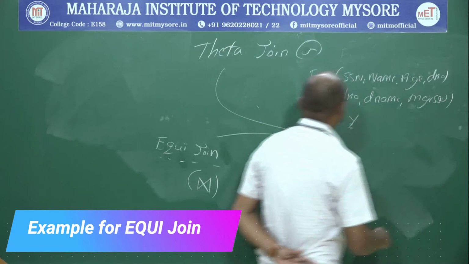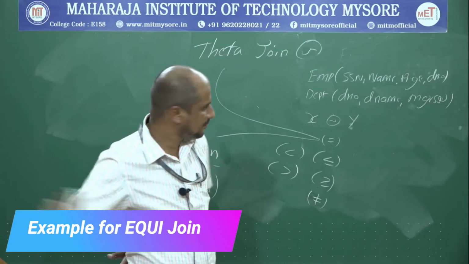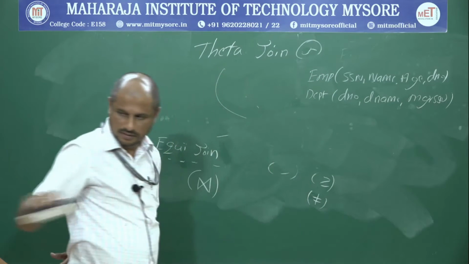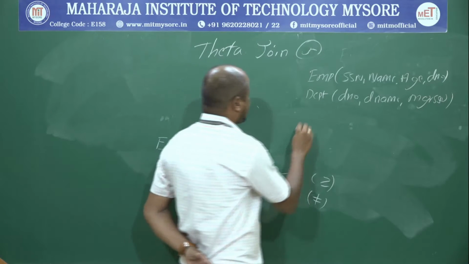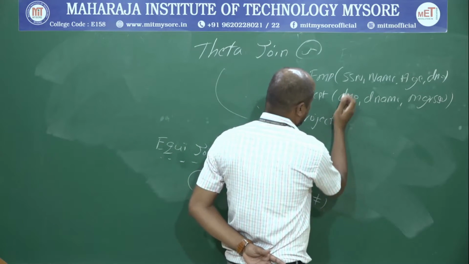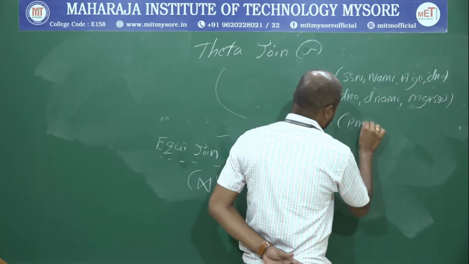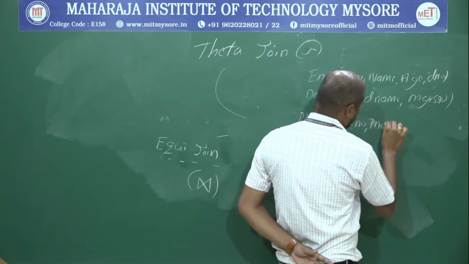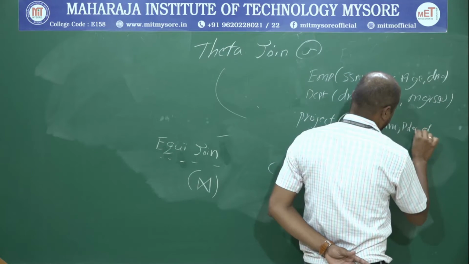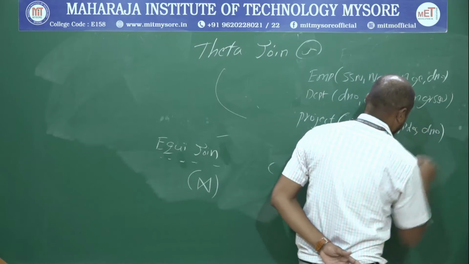Then I have the project table containing P number, P name, location, and D number.